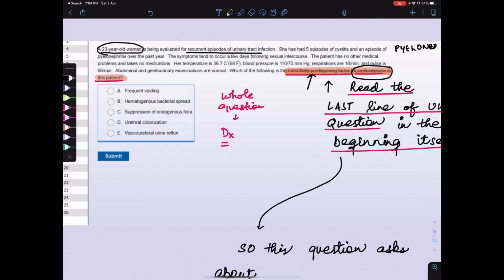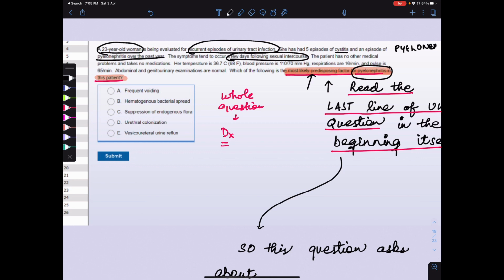She is having recurrent episodes of UTI. Okay, she already had 5 episodes of cystitis and 1 episode of pyelonephritis in the last year itself. And these occur more after sexual intercourse. No medical history, no medication history. Every vital is normal, right? The abdominal and the genitourinary examination is also normal. Which predisposing factor for pyelonephritis is there in the question?